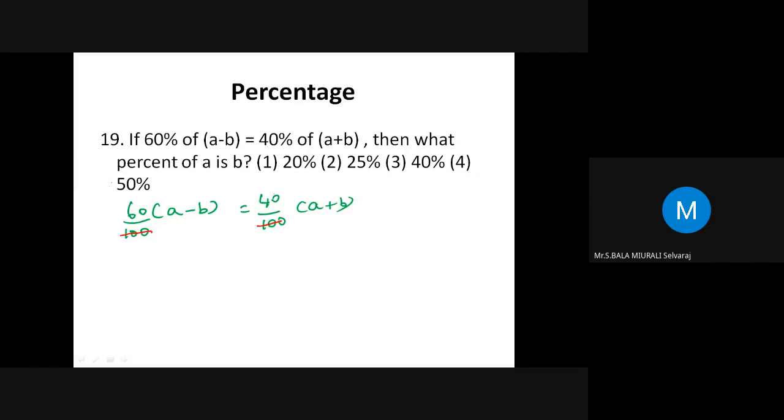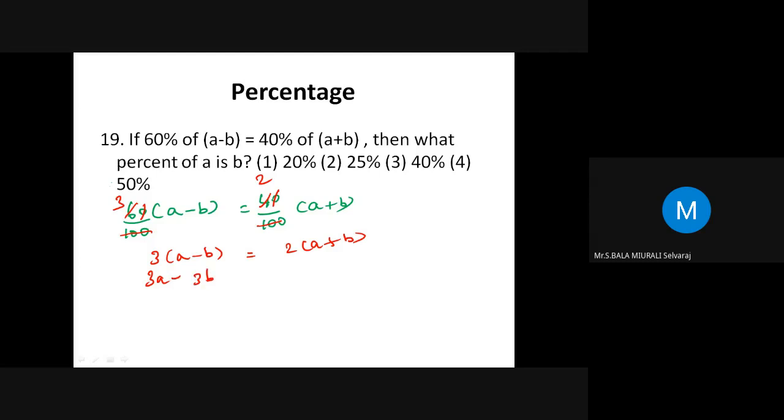Numerator to numerator, the zeros cancel, and I can also use a common table, 2. 2 3s are 6, 2 2s are 4. Correct? So 3 times A minus B equals 2 times A plus B. Up to this clear? Yes, sir.